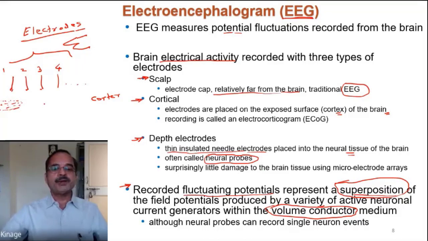Because of a phenomenon called volume conduction, the electrical activity of the nearby cells is sensed by electrode number 1, or any other electrode. That is called a volume conductor. Without directly touching the particular cells, this electrical activity can be measured by the phenomenon called volume conduction. That is called the volume conductor medium.